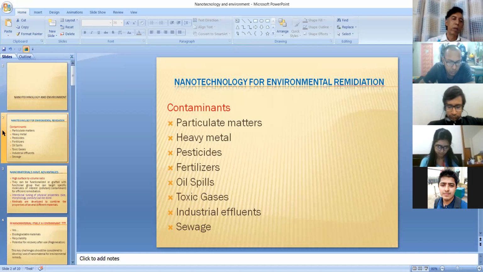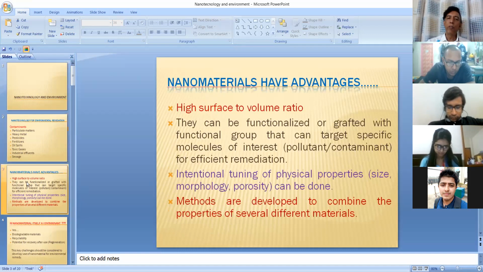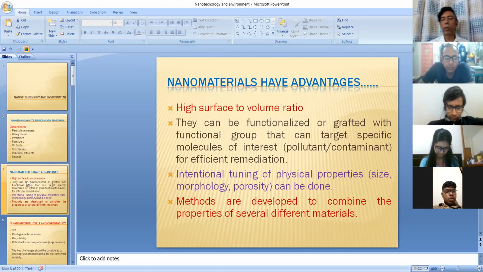Now, the use of nanomaterial. Why do we want to use nanomaterials? Because nanomaterials have some advantages. What are those advantages? High surface to volume ratio.